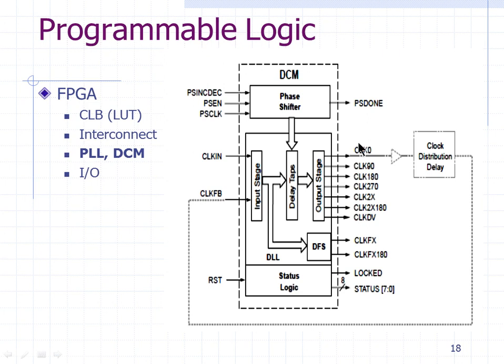Then you might need special clocks in your design, like 2x the incoming clock or 4x the incoming clock, or a clock phase shifted by 90 degrees or 180 degrees or whatever. This is offered by a standard block inside the FPGA.